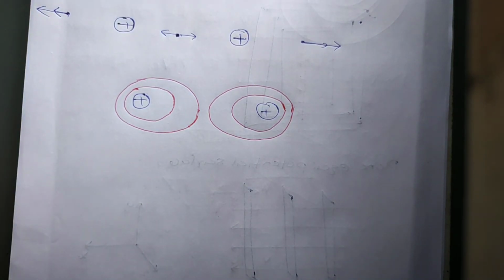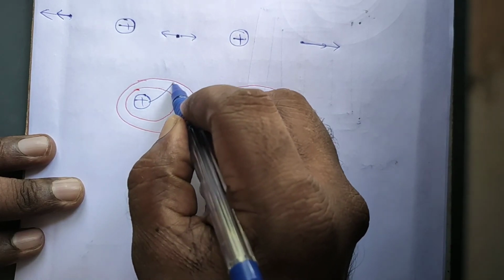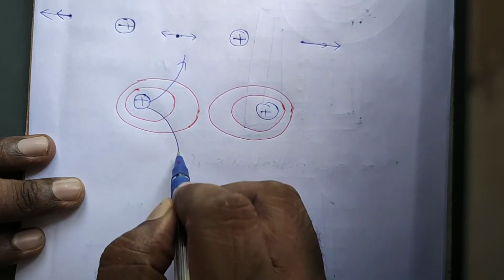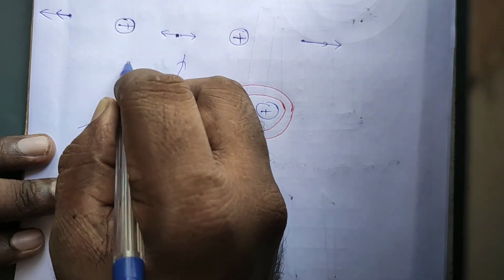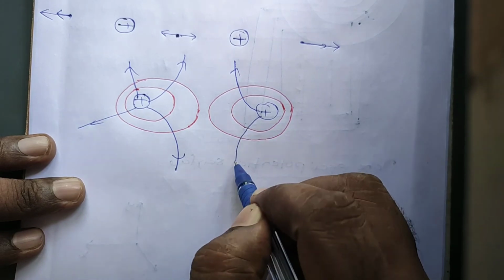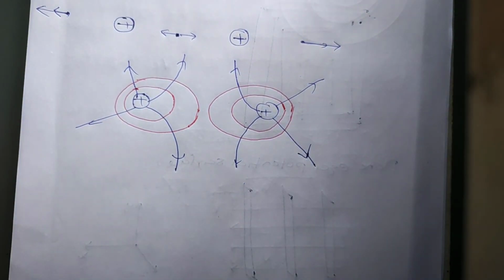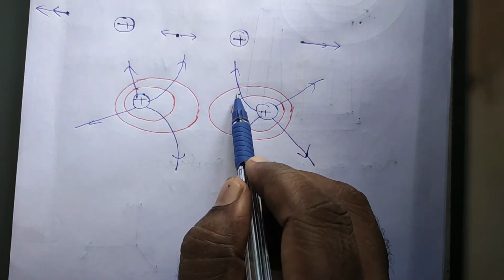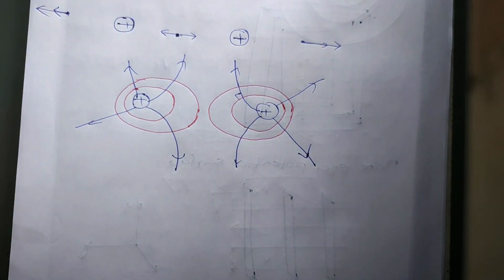This is the equipotential surface. Clear? What is the electric field? Like this, and like this, like this. Here it is like this, and here it is like this. Here it will be like this. Okay. So here, at all the points, the angle between the electric field and the surface is 90 degrees.